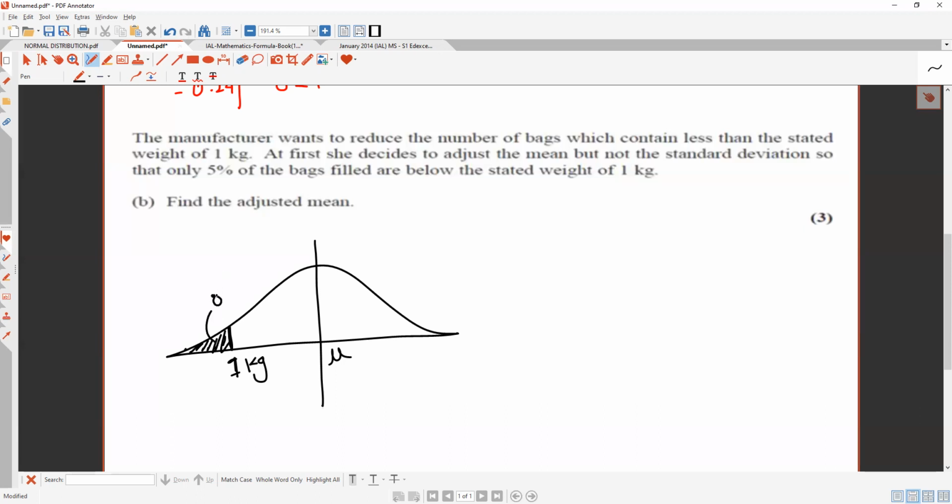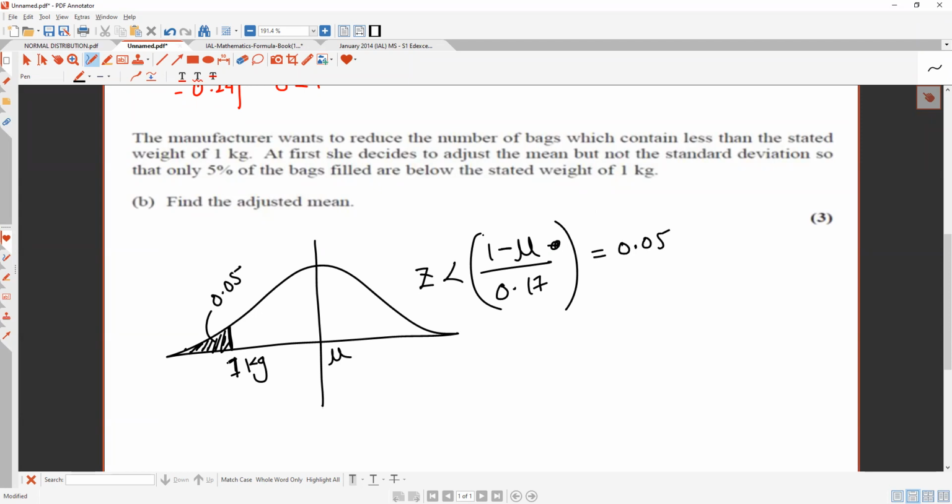Can I do 1 minus mu divided by 0.17? So they are saying that the probability of Z being less than the 1 kg value should be equal to 0.05.